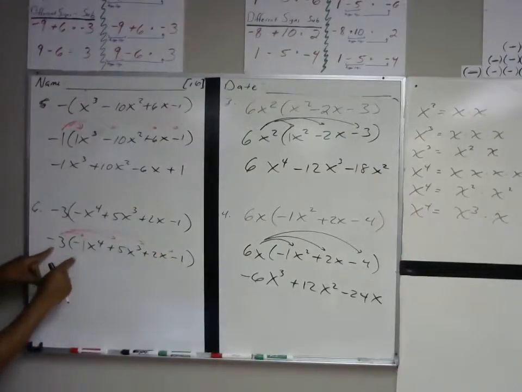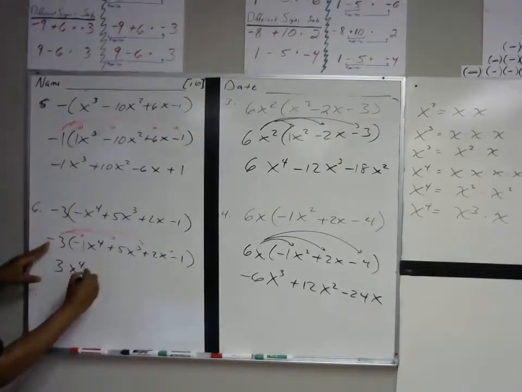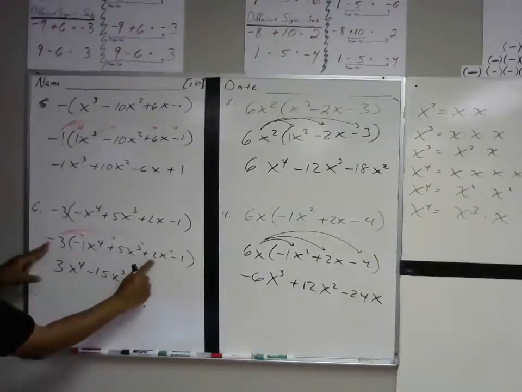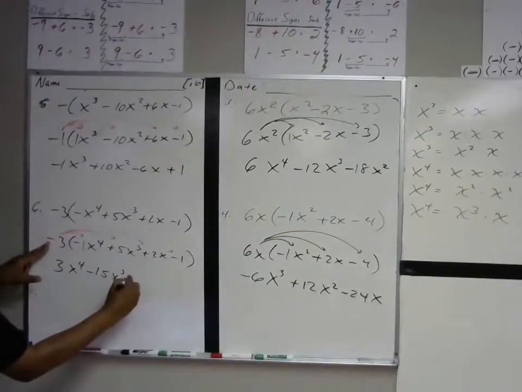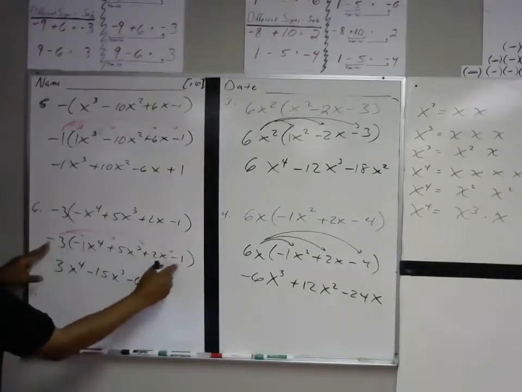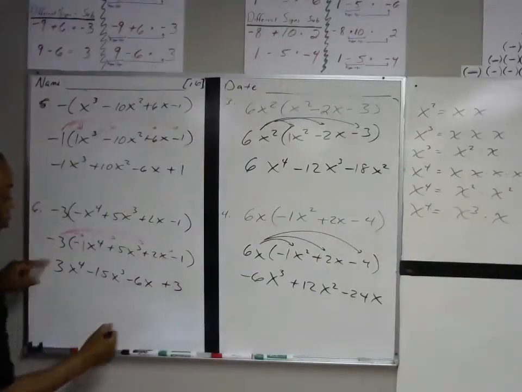And so we have -3 times -1, which is +3, x to the fourth power. -3 times +5 is -15, x to the third power. -3 times a +2 is going to be -6x. And finally, -3 times a -1 is going to be a +3.